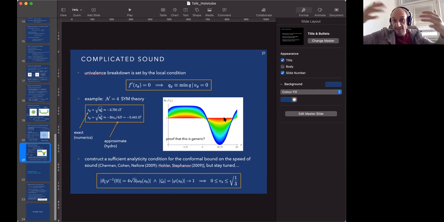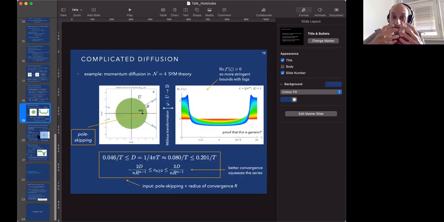And because this is an analytic function, it will take a finite time as you vary zeta to come down to 0. Now, for sound, it comes down to 0, and there's also a reason why this is 3 pi over 2. It comes to 0 exactly when the group velocity is 0, okay? So the statement is that they're always univalent, so you can always use these methods. The question is, how big is the regime of univalence?